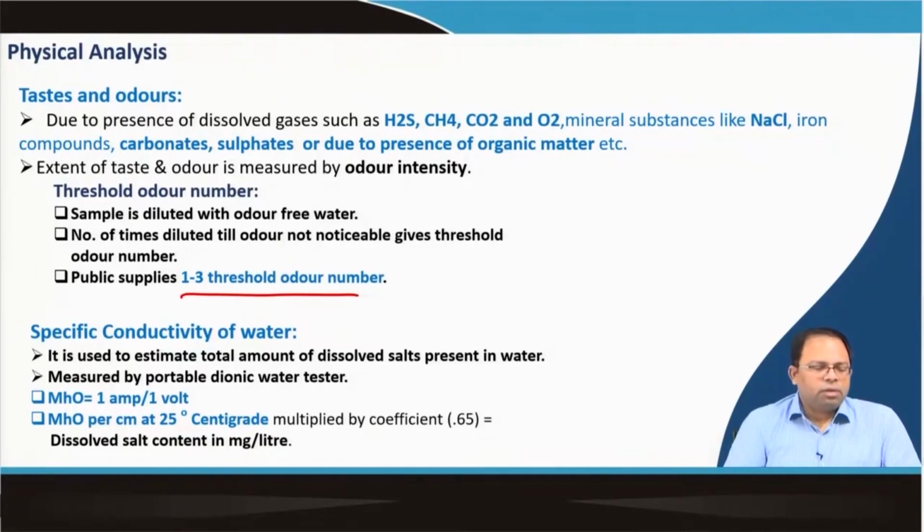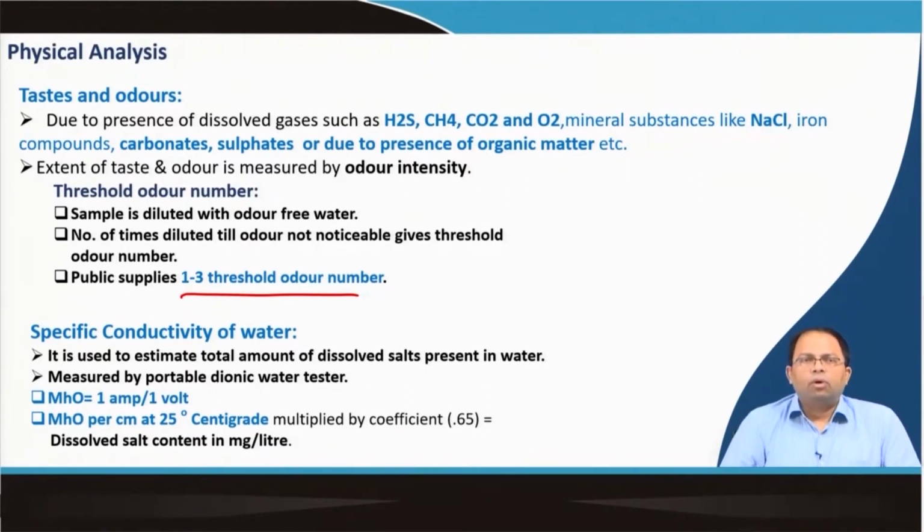Similar to taste and odor, we can also measure the specific conductivity of water, and this gives us an idea about the kind of dissolved salts present in the water. This is done with a portable dionic water tester. It measures the current or charge in the water, and the unit of measurement is MHO.